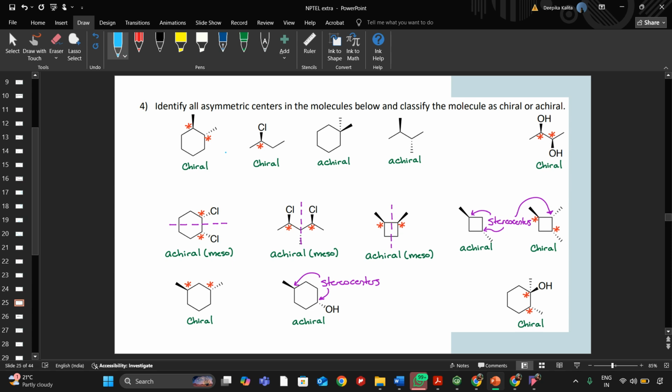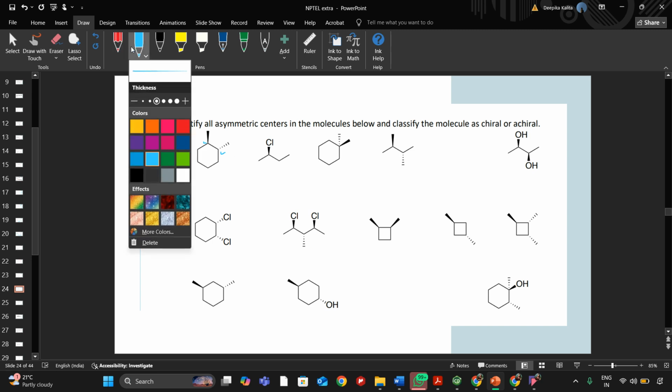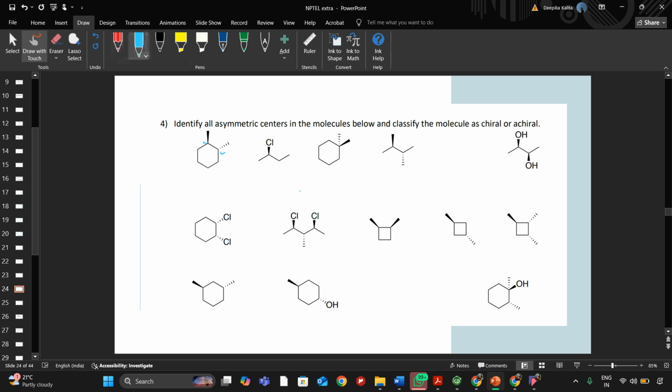And the molecule is chiral. Again, for the second one, this is the asymmetric center and it is chiral. The third one, this may look like an asymmetric carbon, but it is not, because both these two substituents and these two handles are the same. So this is achiral.